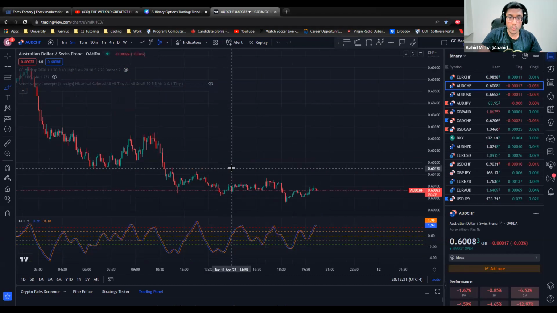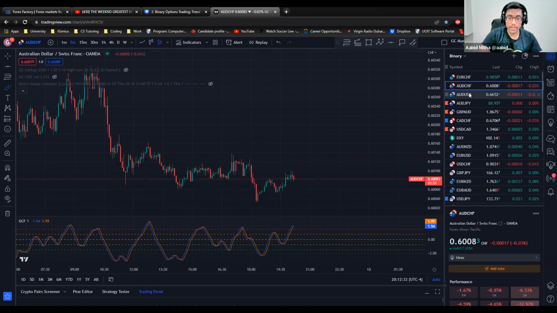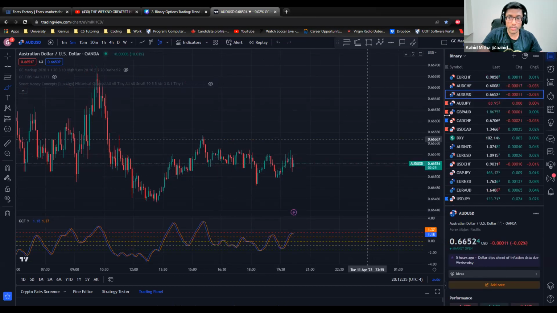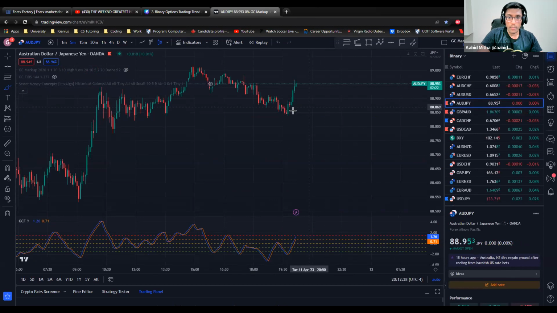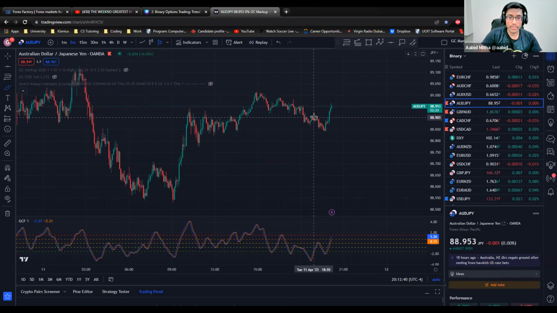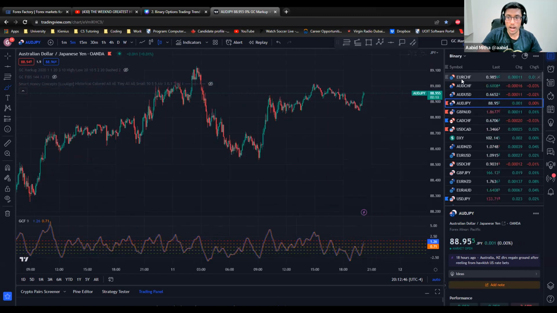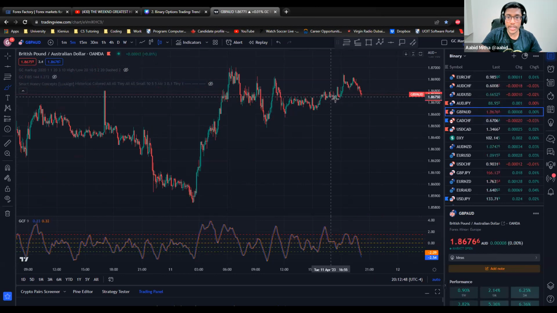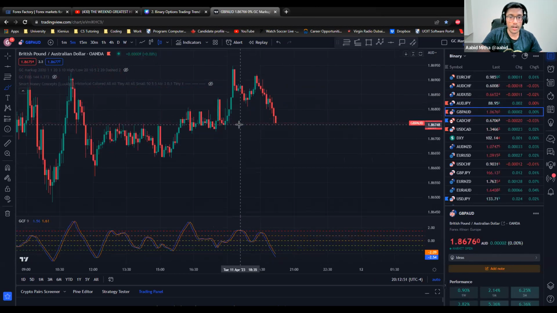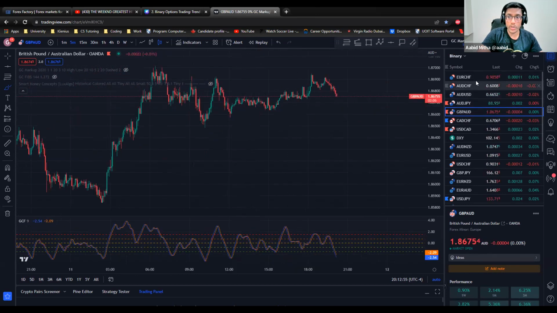If you look at some of these other pairs, right, you can see a bit more consolidation. Maybe AUD JPY is starting to break from consolidation and form a potential uptrend. But again, it really depends on what you're looking at and what the market is currently doing.